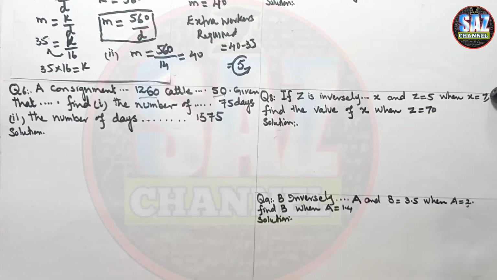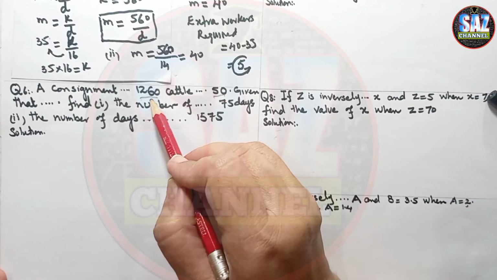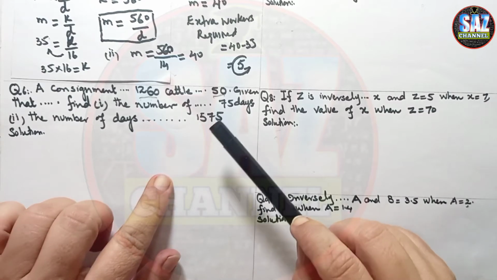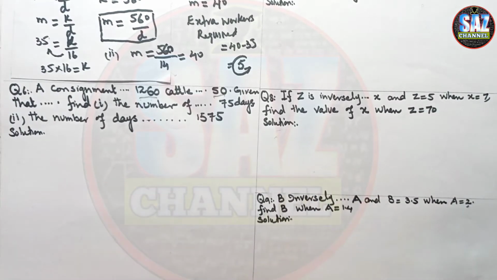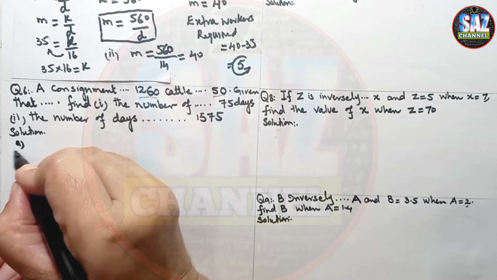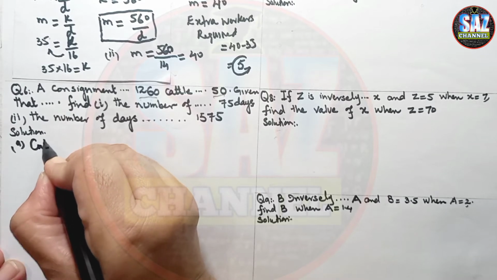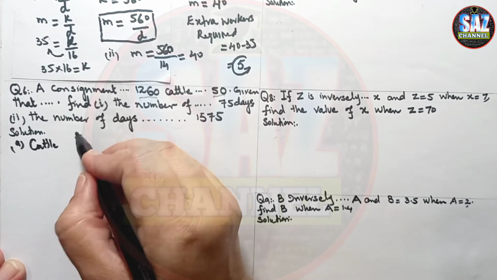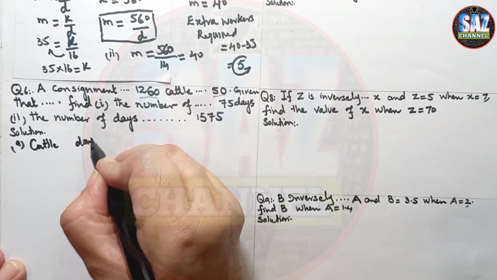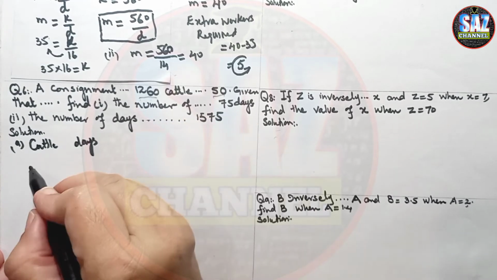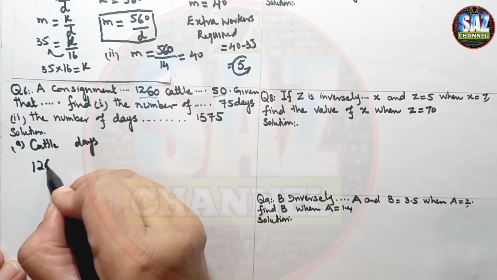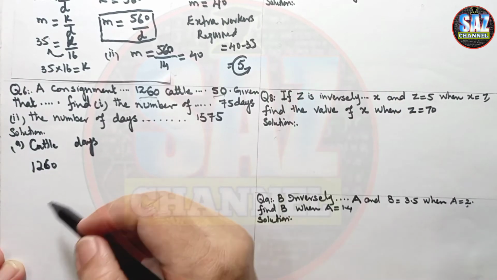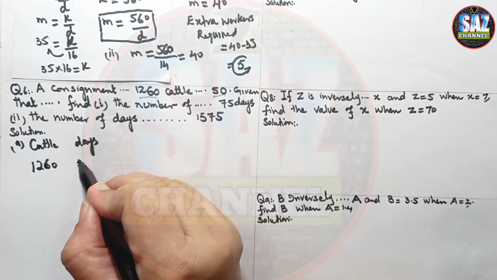The question says that the consignment of fodder is enough for 50 days. For the first part, we write cattle and then days. 1260 cattle can be fed for 50 days.